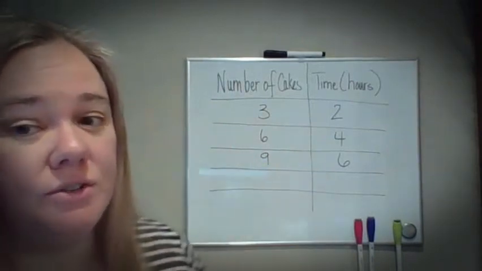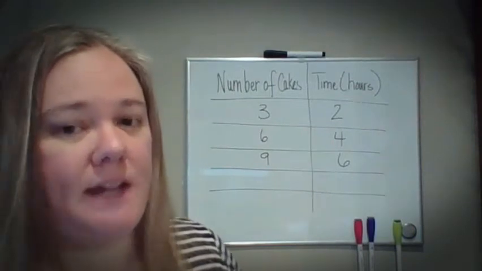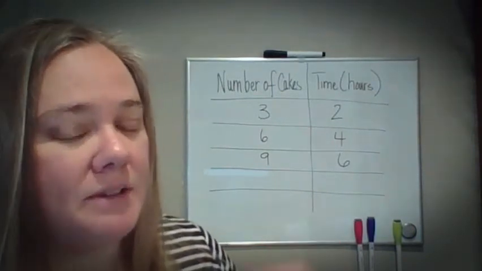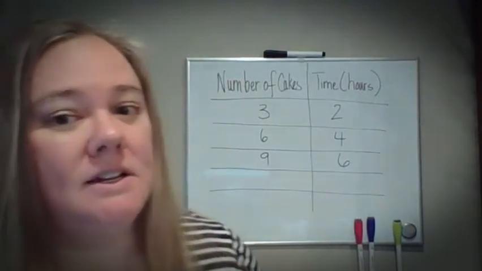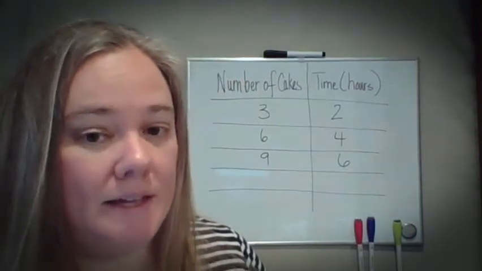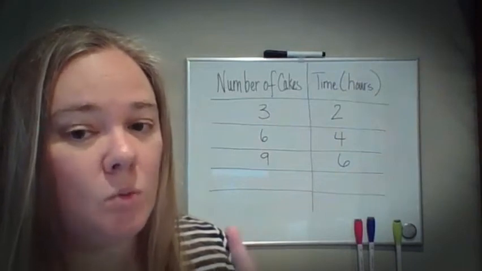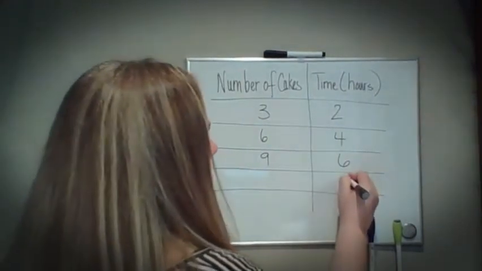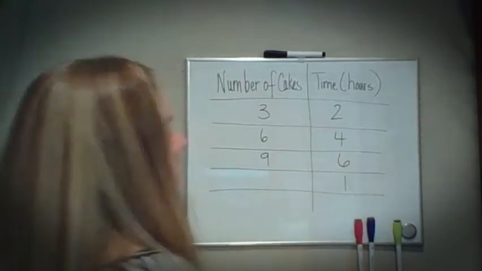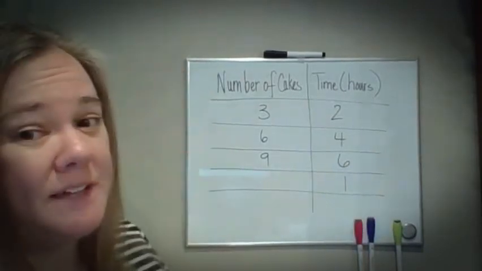If that's true, and we want to find the unit rate, remember, we're always looking at it related to time. So we want to figure out how many cakes she could bake in a unit, which means 1 hour of time. I have to use the table to help me.